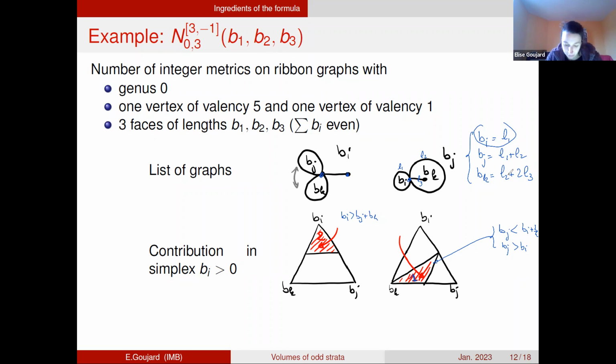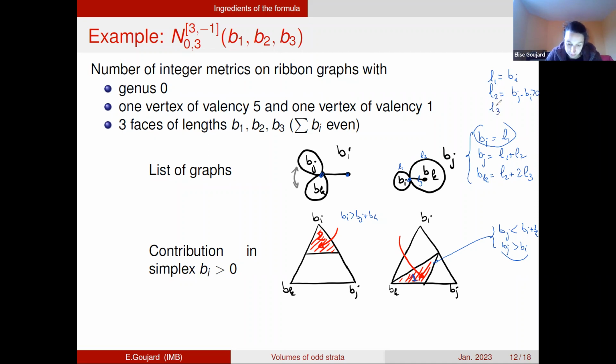And then if you subtract everything, let's solve this. L2 is equal to Bj minus Bi. So you need this condition so that it's positive.